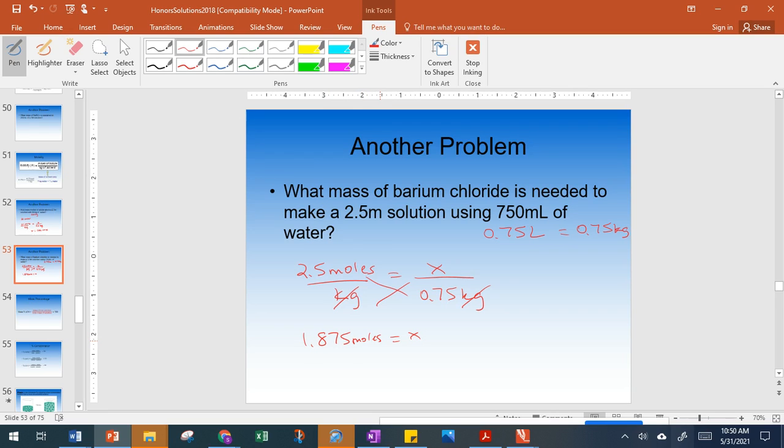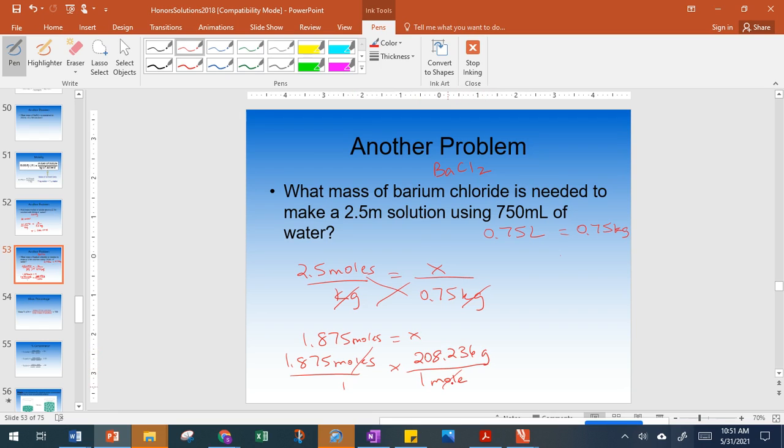Now we can use our molar mass to get the mass of barium chloride. Remember, barium chloride is BaCl2. So we have 1.875 moles over 1, and since we're going from moles to grams, we multiply by the molar mass over 1 mole. Barium chloride is 137.33 plus 2 times 35.453, and that gives us 208.236 grams.